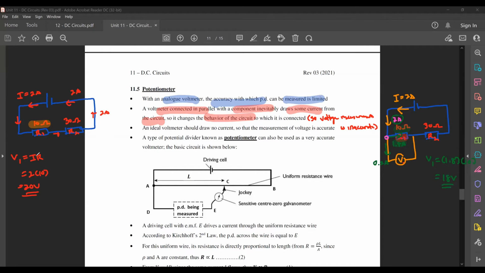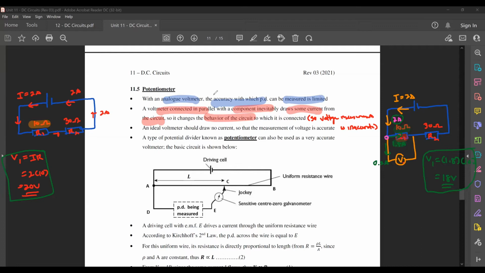Originally you're supposed to get 20 volts, but once you connect your voltmeter here, because it's drawing current away, it changes the behavior of the circuit. It will cause your voltmeter measurement to be inaccurate. You're getting a different value now.